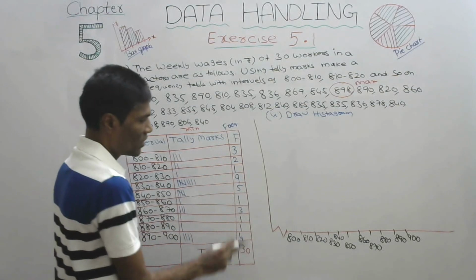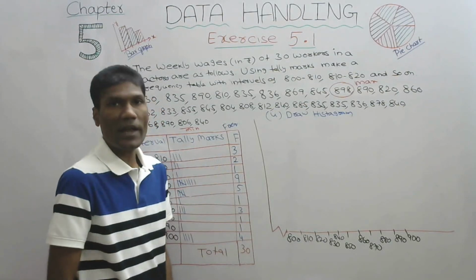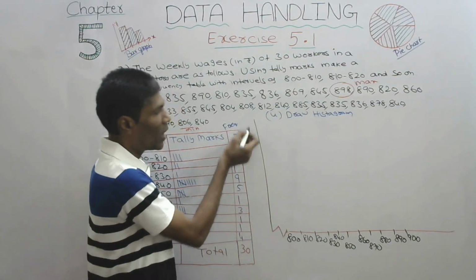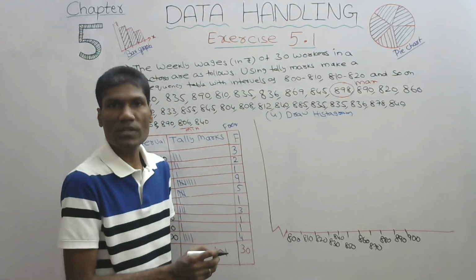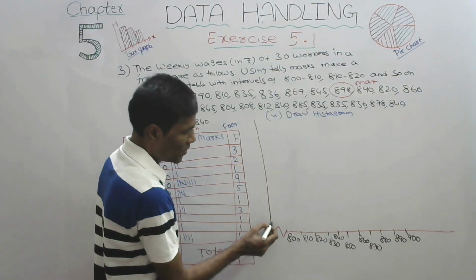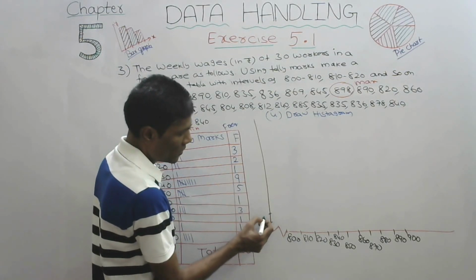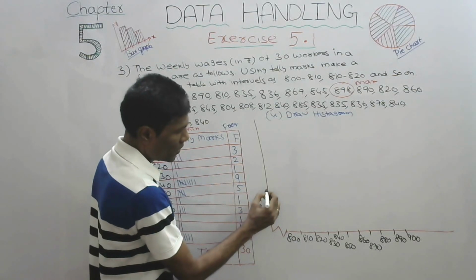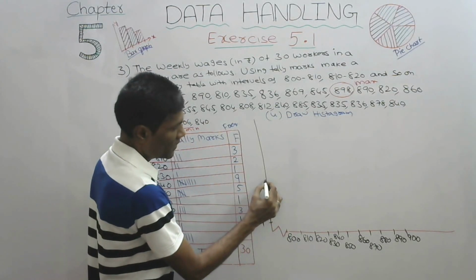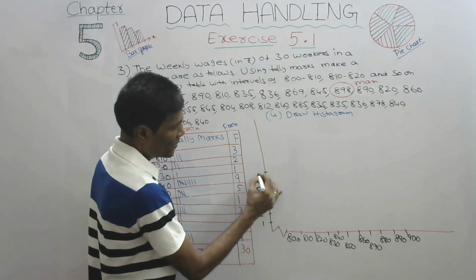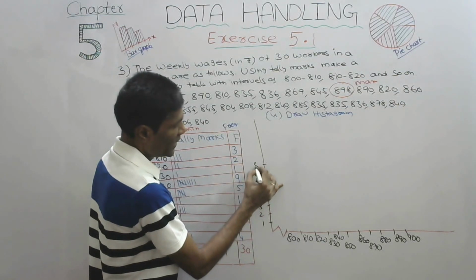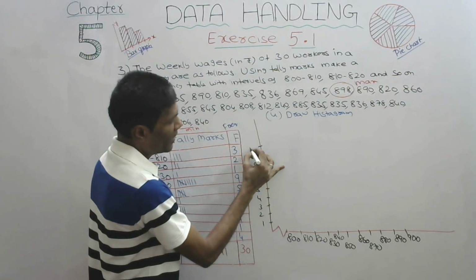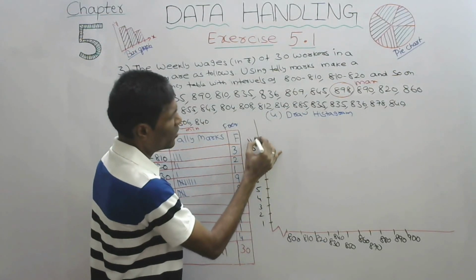Coming to frequency, what is the maximum number? 9. Here the maximum number is 9, so we will take up to 10 values. Up to 10 values are enough. So 1, 2, 3, 4, 5, 6, 7, 8, 9 and 10. If you want, we can take more also.